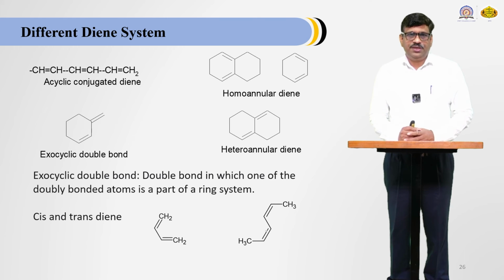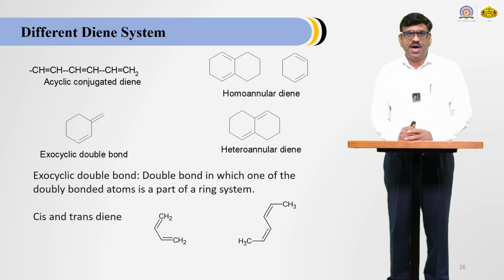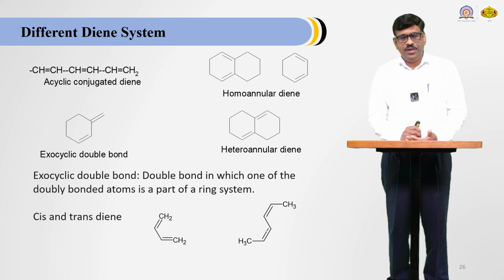Another term that is required for calculating lambda max value is exocyclic double bond. Exocyclic double bond means a double bond in which one of the carbon atoms is part of the ring. In other words, the double bond which is present at the corner of the ring is called an exocyclic double bond.